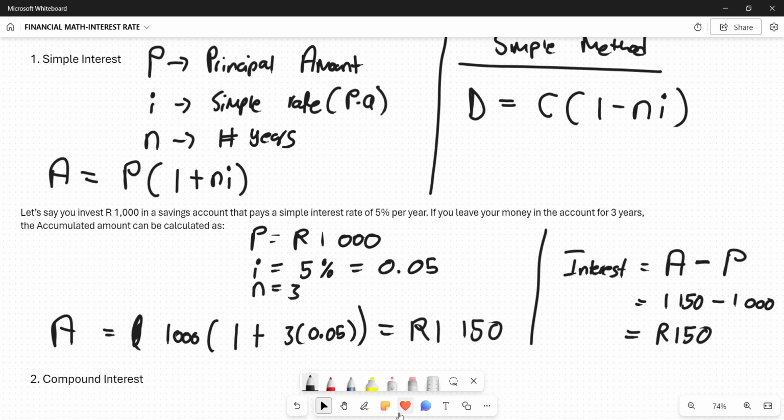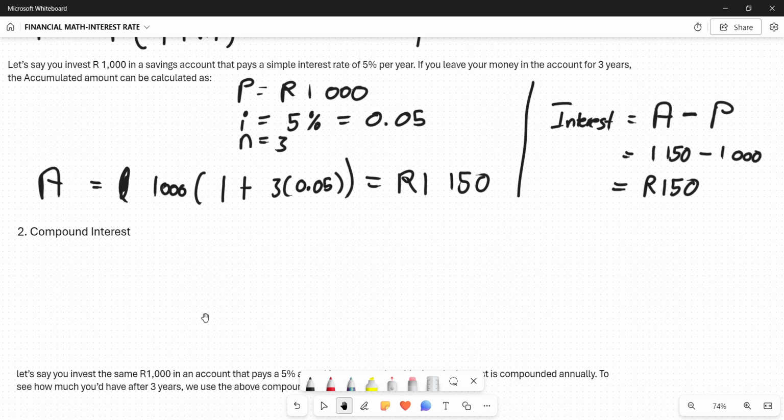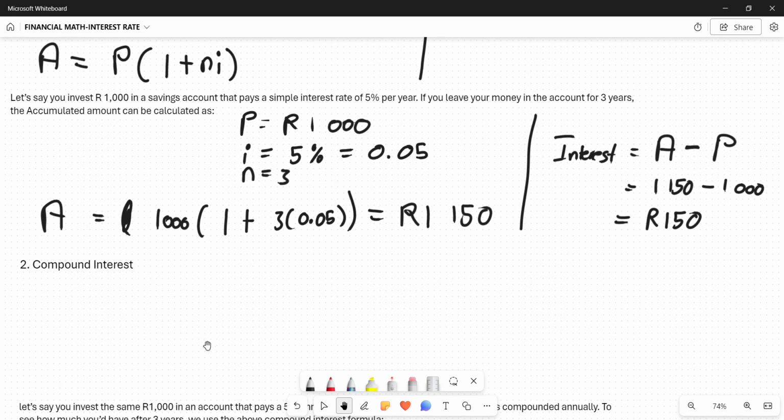Now moving on to compound interest. What you have to know is that the essential feature of compound interest is that the interest itself earns interest over a particular period of time. For example, say you have deposited a certain amount for 2 years.